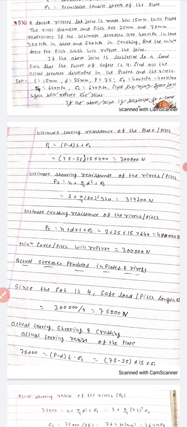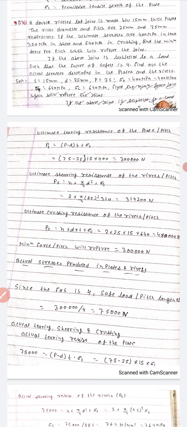Next, the crushing of plate or the crushing of the rivet. The crushing of the plate will be due to the compression, so here you are going to use the compressive stress value.